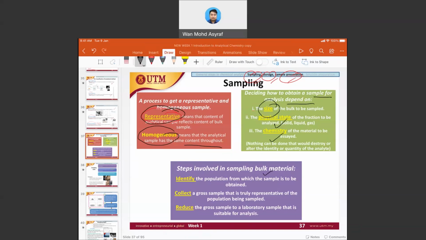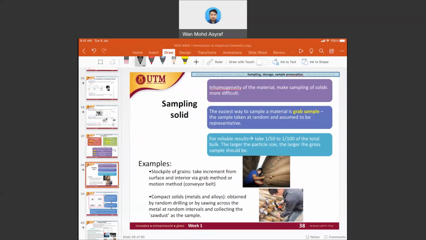First of all, you need to identify the population from which the sample is obtained. You need to collect a gross sample, and then you need to reduce the gross sample to become a laboratory sample that is suitable for analysis. These are the general steps in sampling a bulk material.